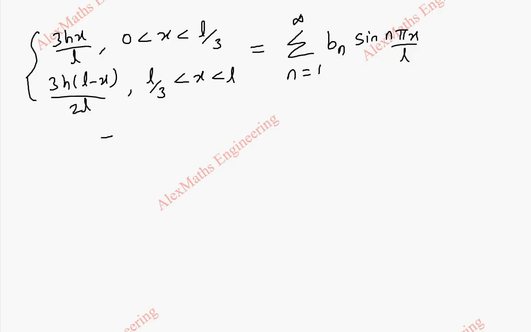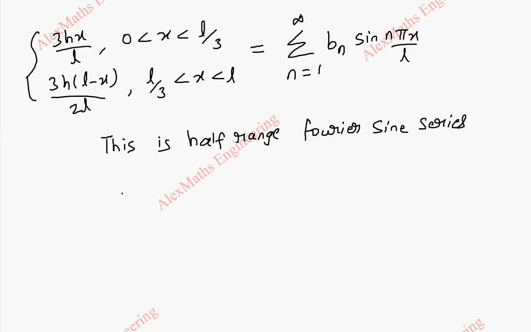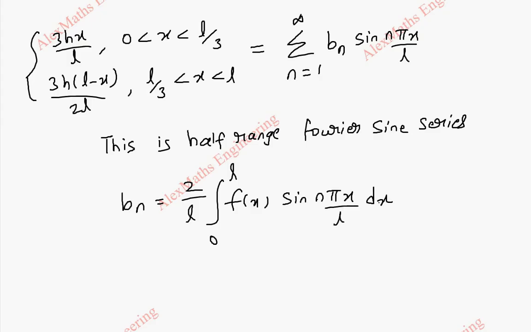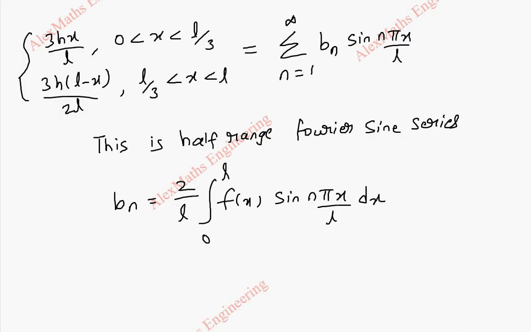Let's write it here. This is half range Fourier sine series. So we can find Bn using the formula 2 by L integral 0 to L f of x into sin n pi x by L dx. Now let's substitute the f of x here. It is actually made up of two parts.